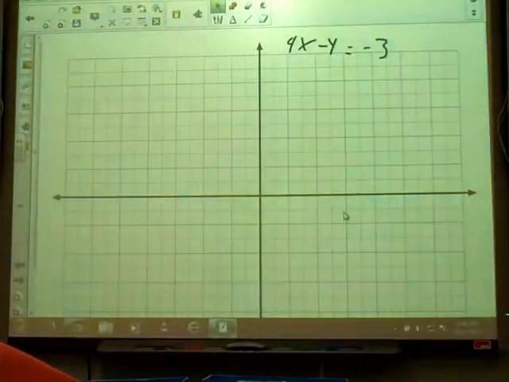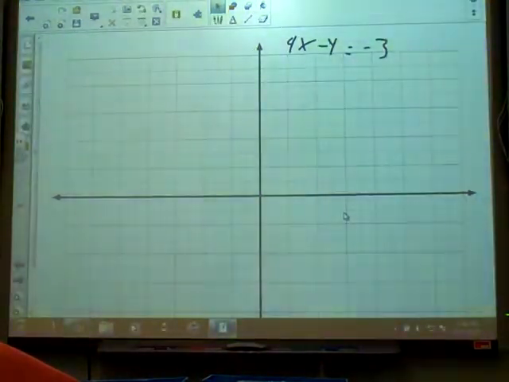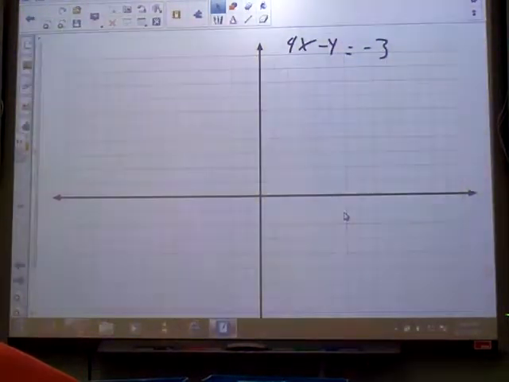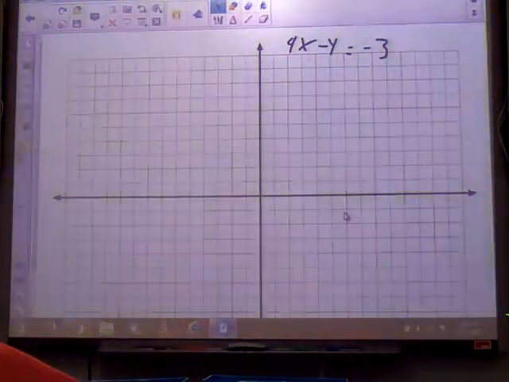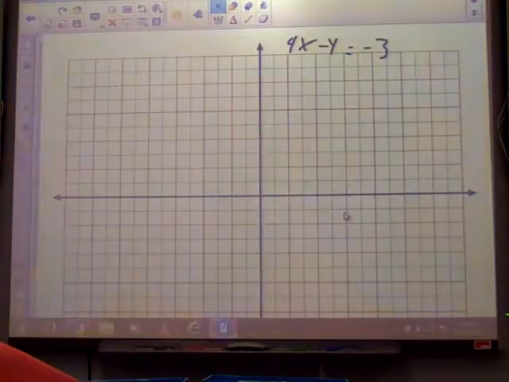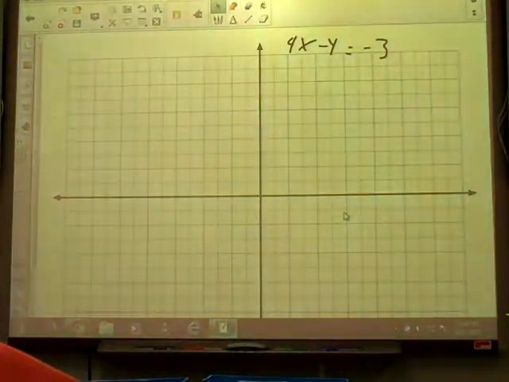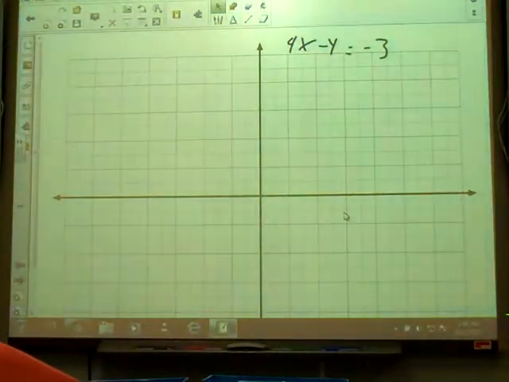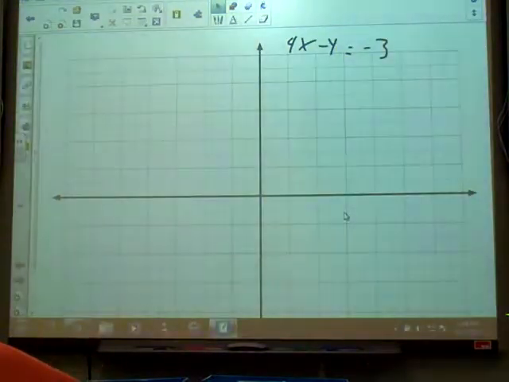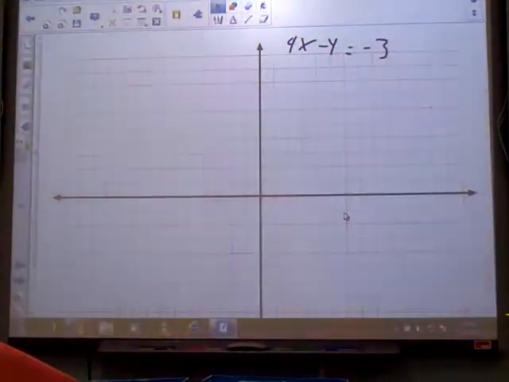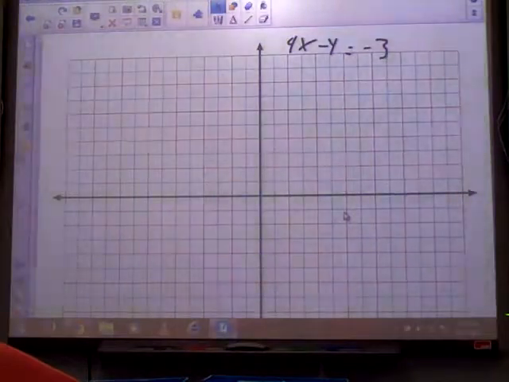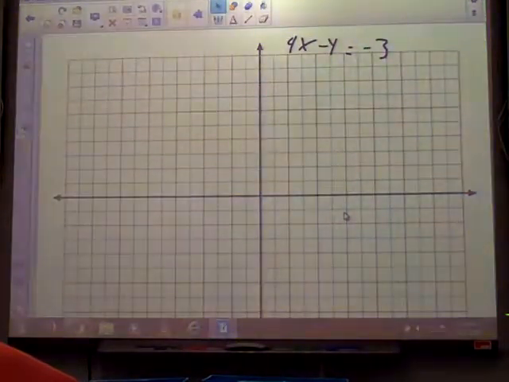So you always have two problems to do. It's going to be negative y equals negative 3. Yes. So y equals 3.